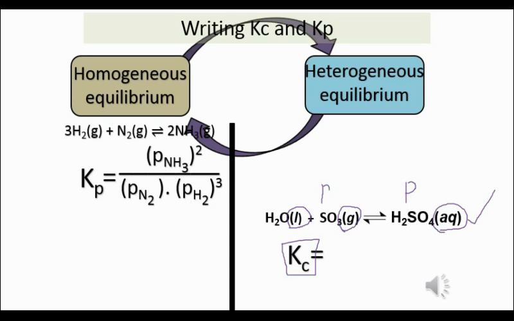As we looked at in many slides before, to write down the equilibrium constant, it must be the concentration of the product over the concentration of the reactant. So H2SO4 is our product, SO3 is our reactant.